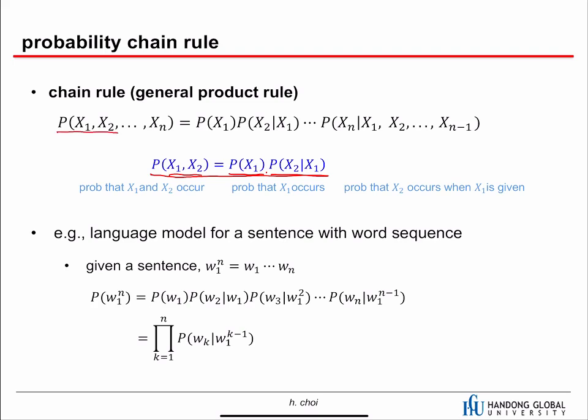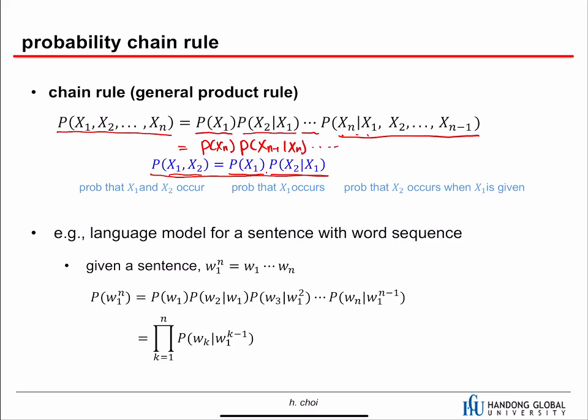So the probability of these variables is the probability of the first variable times the probability of x2 given x1, times another conditional probability, and another, like this. And the order is not that important. We can change the order. It could be p of xn times p of xn minus 1 given xn, etc.